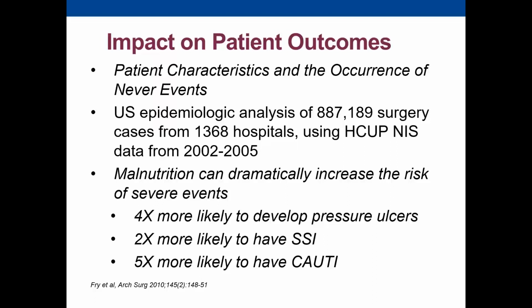And what these researchers did is they looked at individuals within this database and compared those who had a diagnosis of malnutrition versus those that did not. And you can see that those who were malnourished had a significantly higher incidence of these complications that you see listed on the slide.